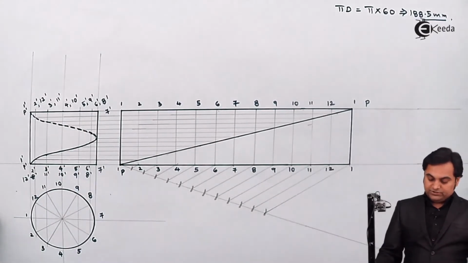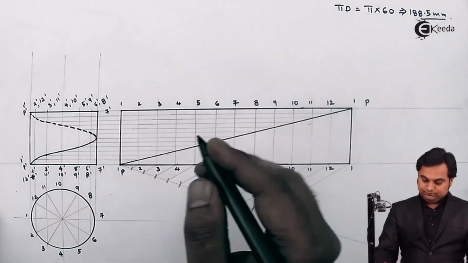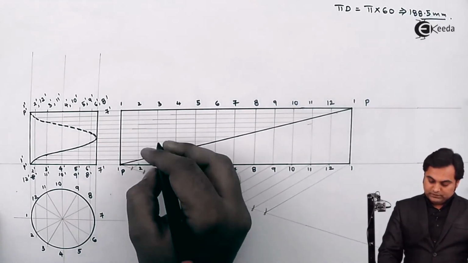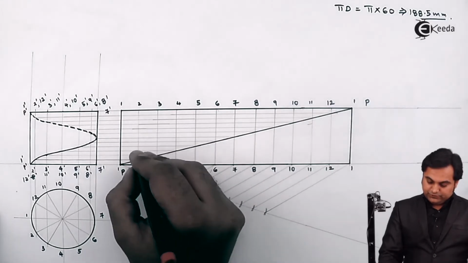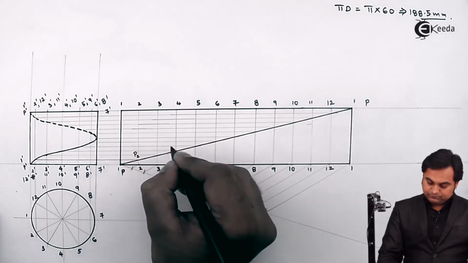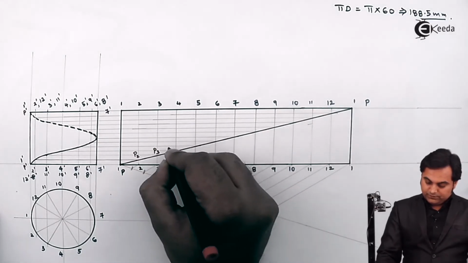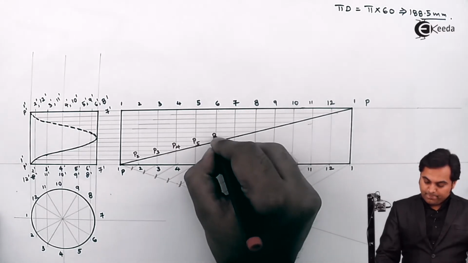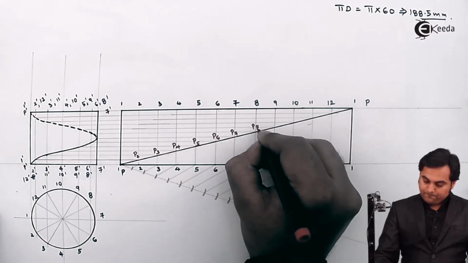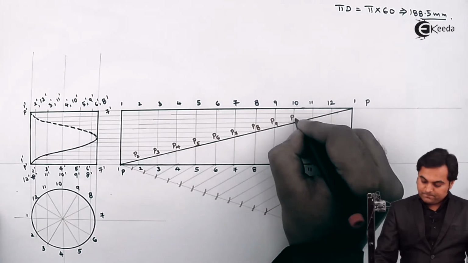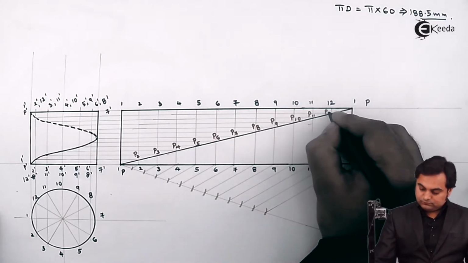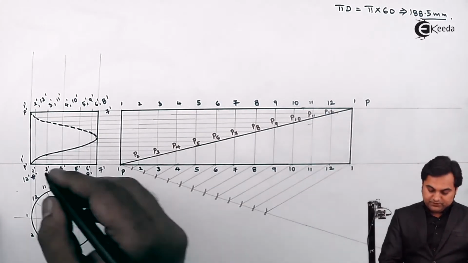Now giving the notations here as well. I'll see that this is point P2, P3, and finally point P. Similarly here.